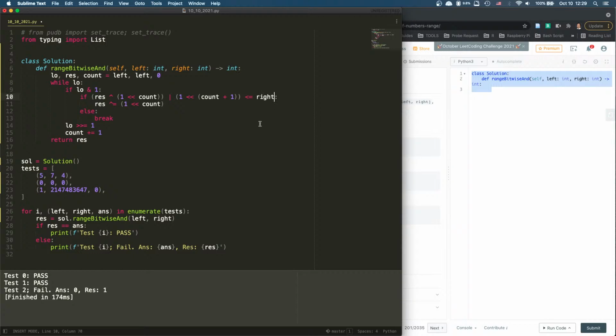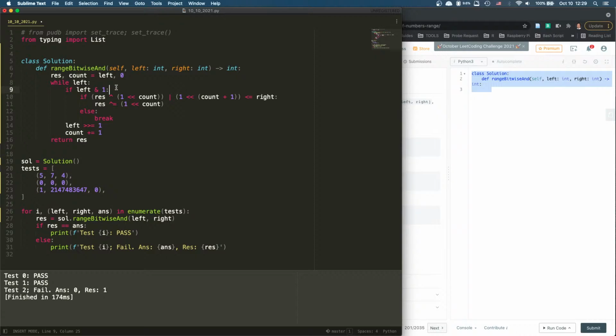So we are analyzing the left. Right? We're analyzing the left. And in this case, we don't even need a low. Right? We don't need a low. We can just go left. Low is left. And then we just go left one by one, right?